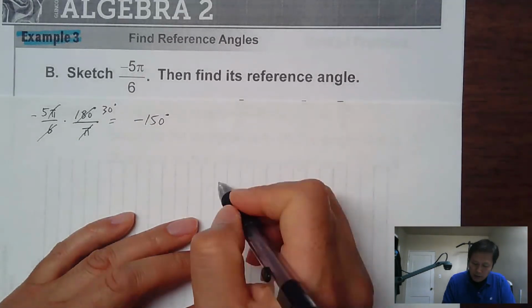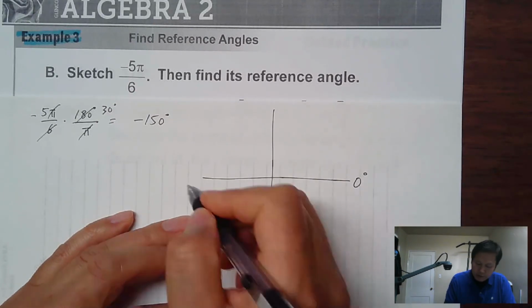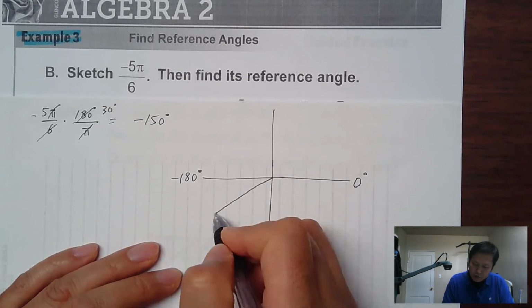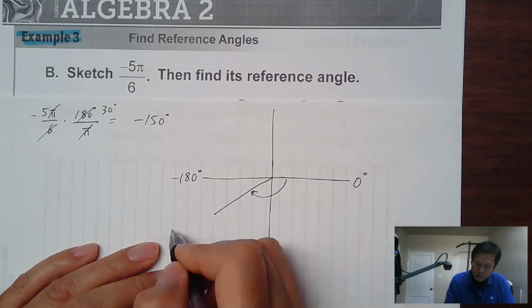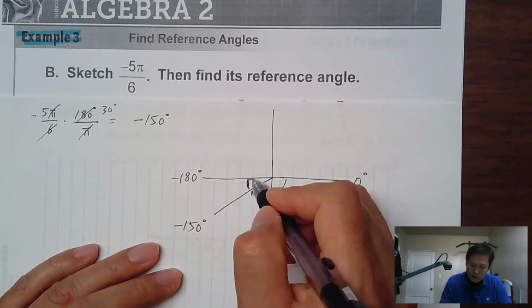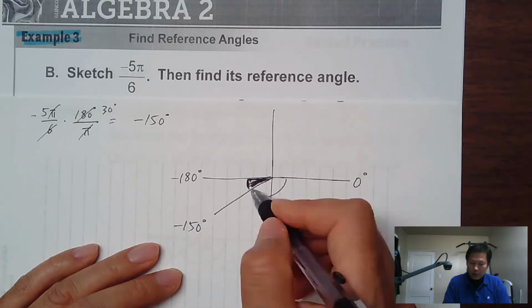So plot minus 150 degrees: start from 0 here, minus 90 degrees, minus 180 degrees, minus 150 should be somewhere between here, all the way up to here will be minus 150 degrees. So again, this angle against the x-axis is the reference angle. How do you calculate that?